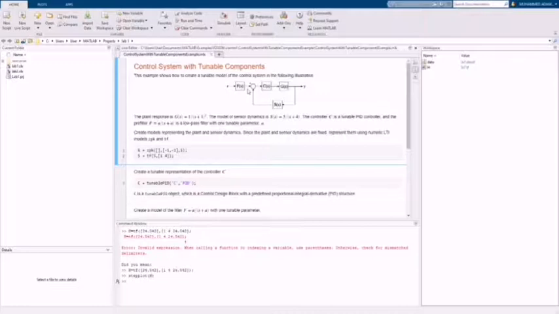And the percentage overshoot we get from this graph is the V peak minus V final, divided by V final, times 100%.